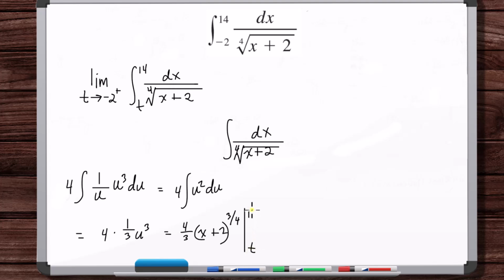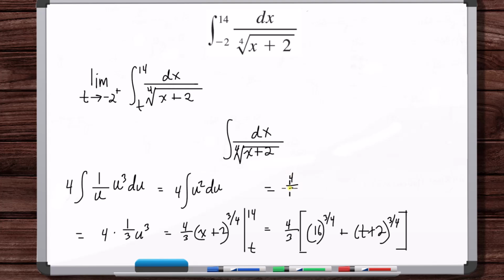Okay, so now 4/3 x plus 2 to the 3/4, and then we want to evaluate this from t to 14. All right, so let's take out the 4/3. We've got 16 to the 3/4 plus t plus 2 to the 3/4. The fourth root of 16 is 2. 2 cubed is 8.